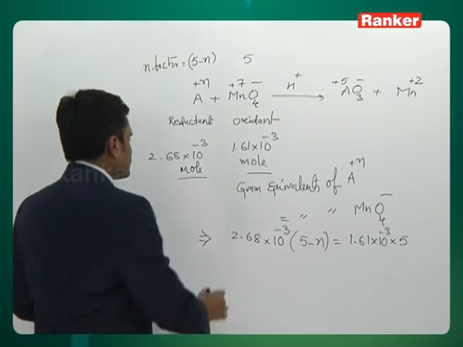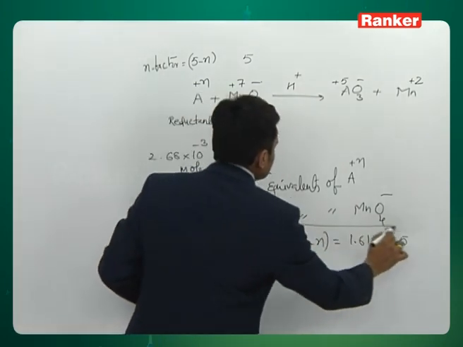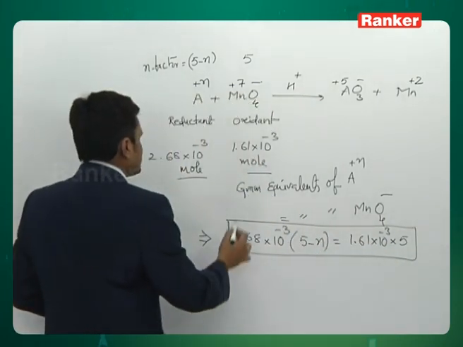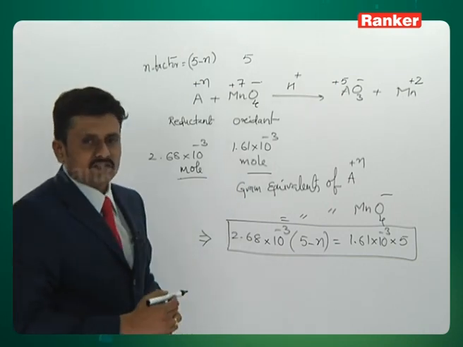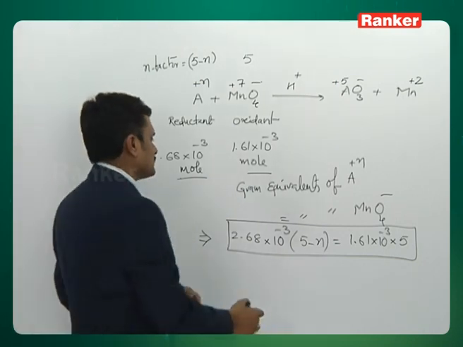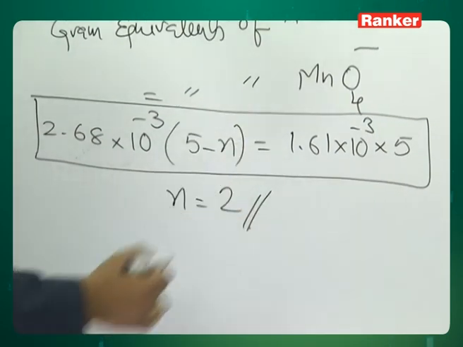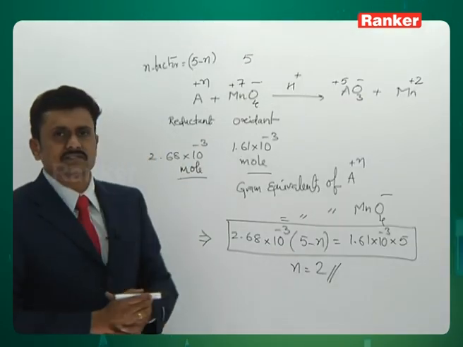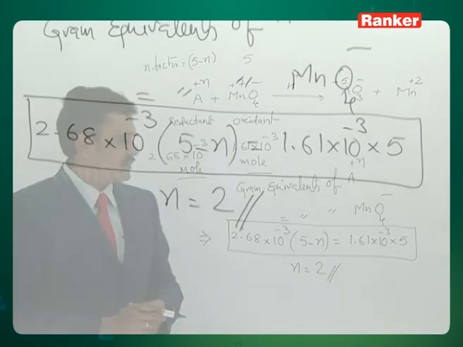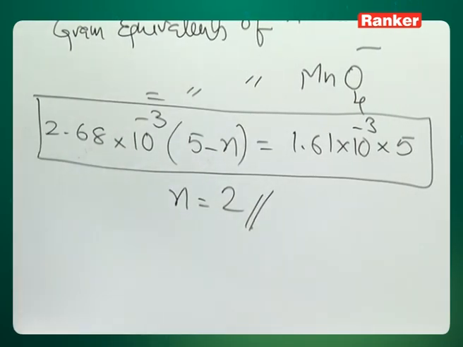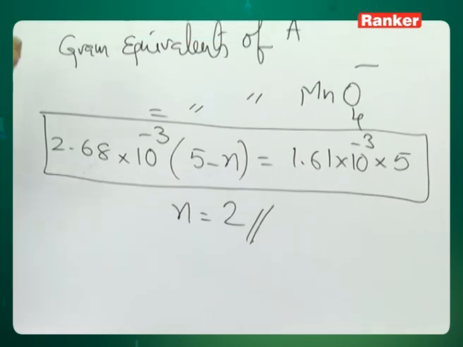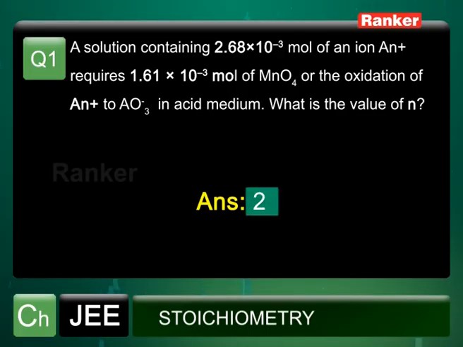This is a simple equation containing only one unknown, n. When you simplify this, you will get the oxidation state of A to be +2. In this reaction the oxidation state of A is changing from +2 to +5. So in this problem we have just used the equivalent concept.